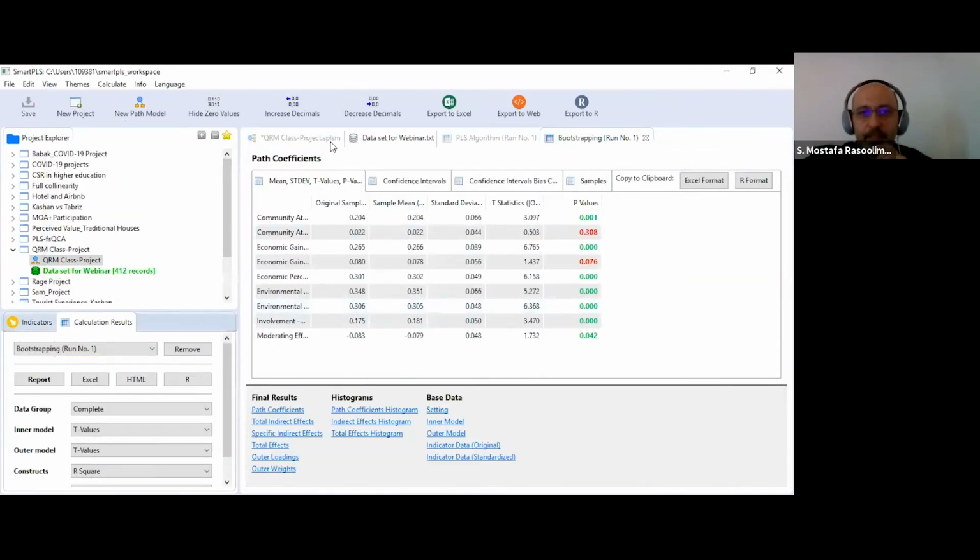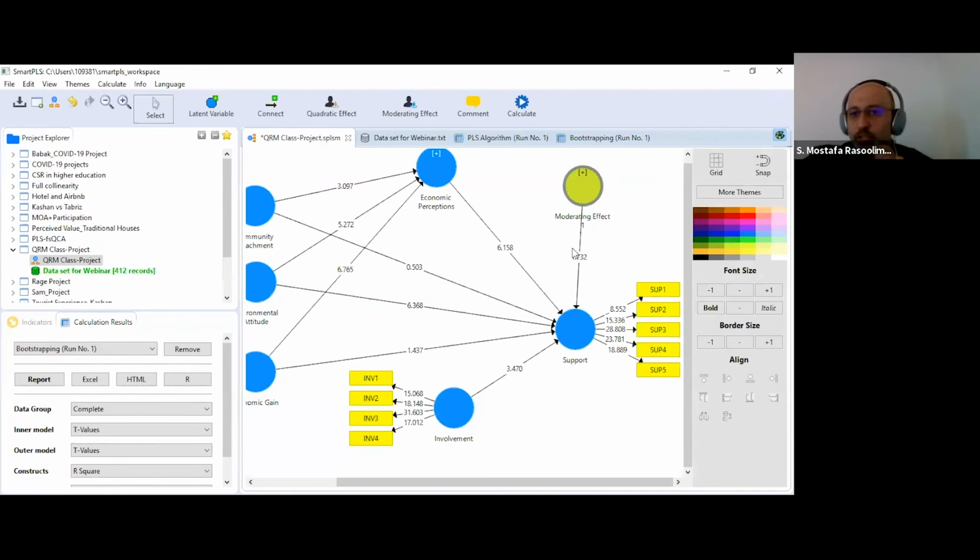Okay, now if we go to here, it is 1.73. It's the t-value, right? So is it significant or not?